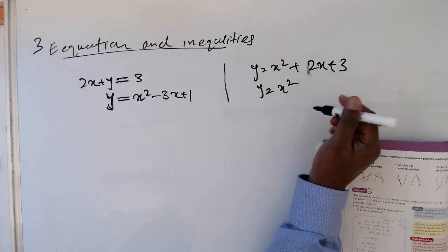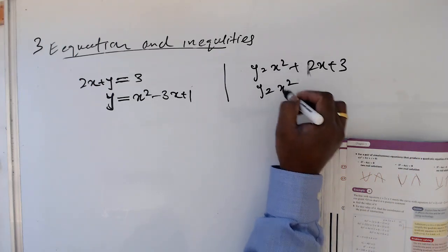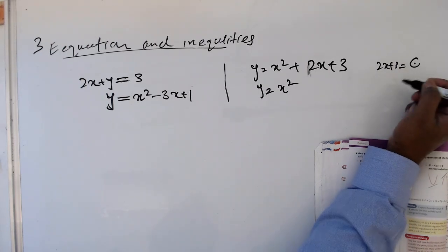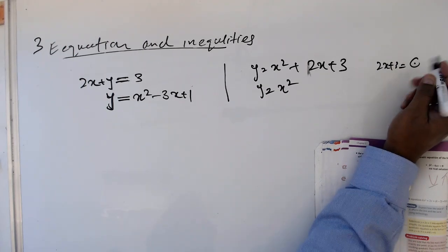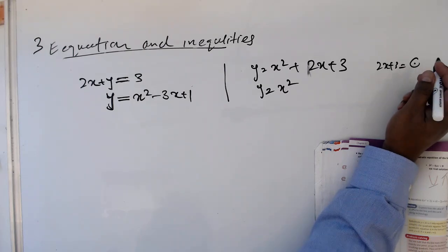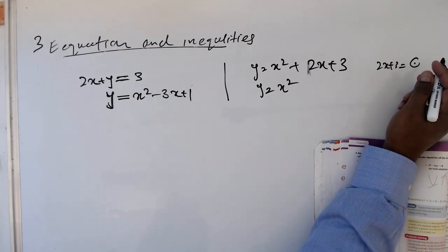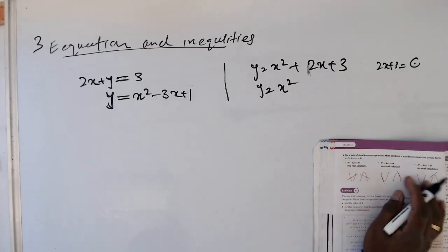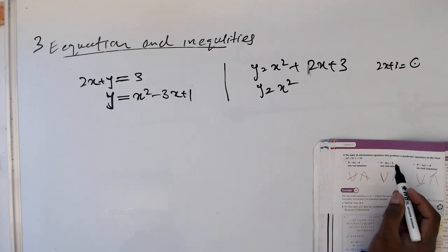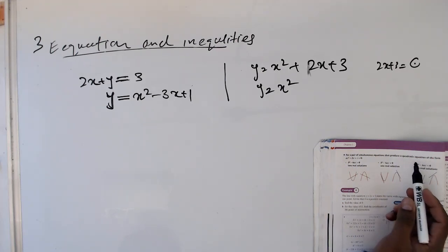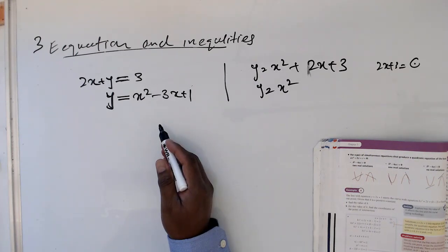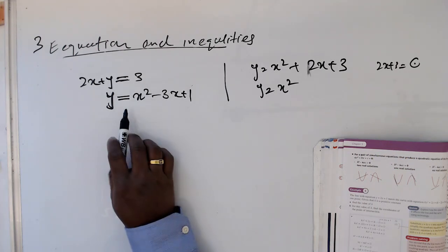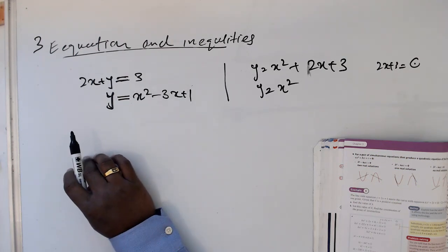When you try to solve these two, the x squared terms cancel out and you get 2x plus 3 equals 0. So this is a linear equation because it has only one solution. So we are talking about when we solve two simultaneous equations that produce a quadratic equation. Usually a quadratic equation is produced when you solve a linear equation and a quadratic equation.